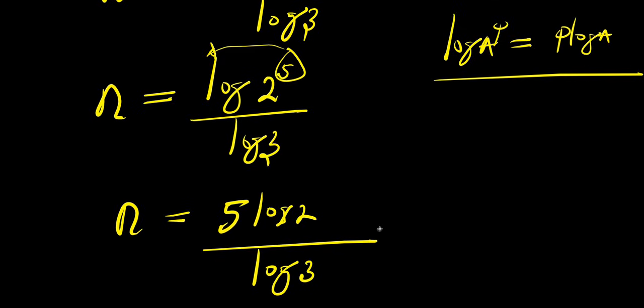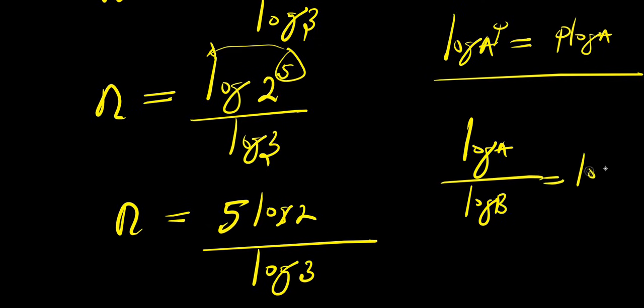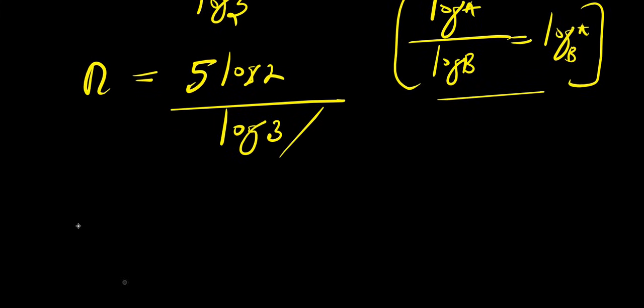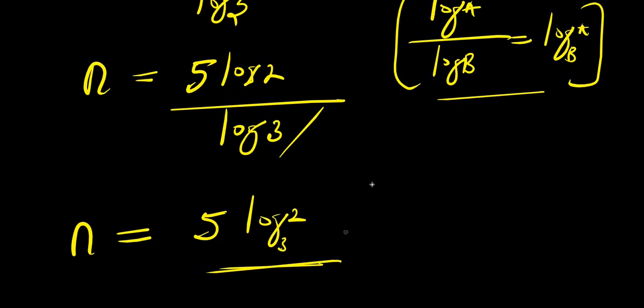Now that is not all. If you have log a divided by log b, it equals log a to the base of b. Applying this right here, I will simply have n equals 5 times log 2 to the base of 3.